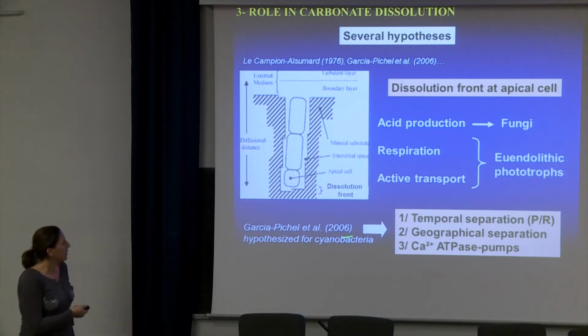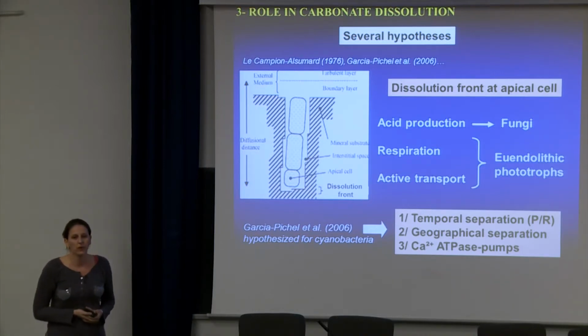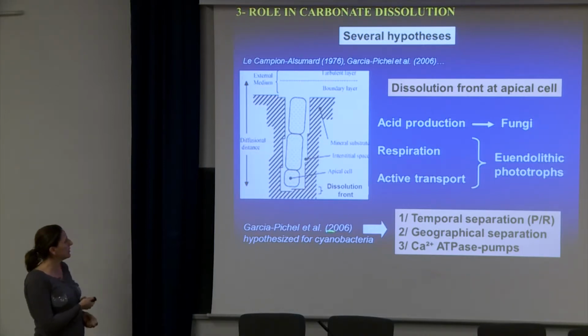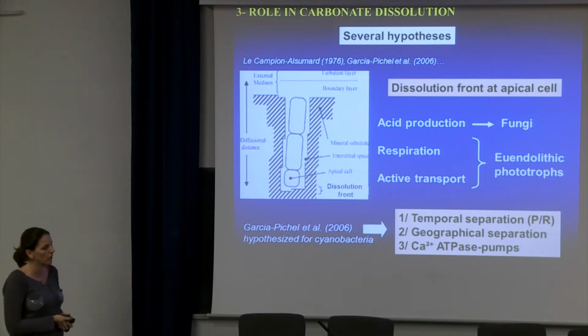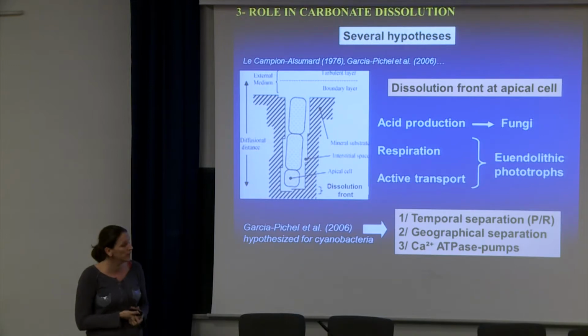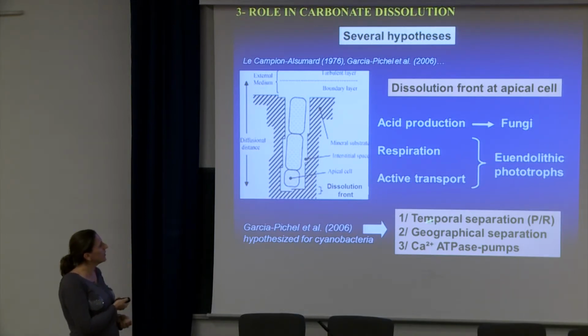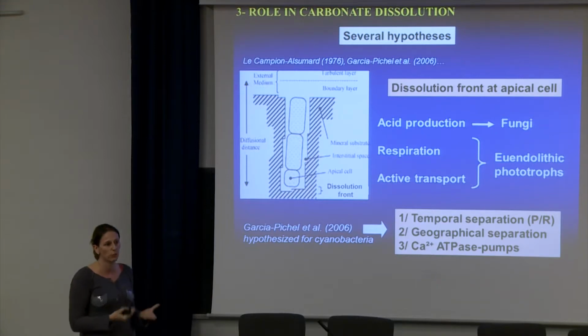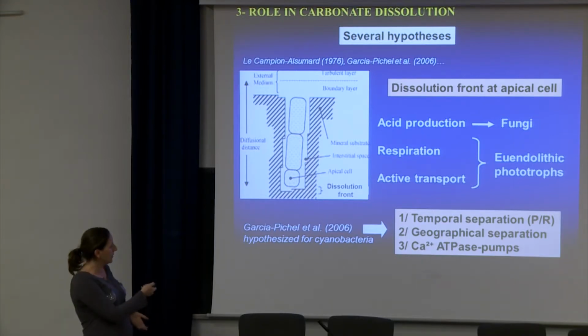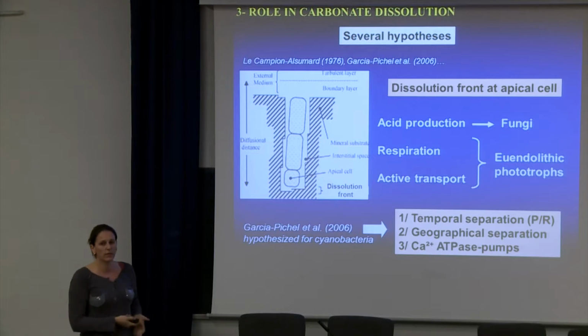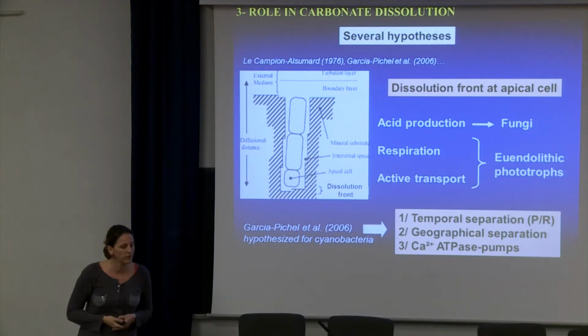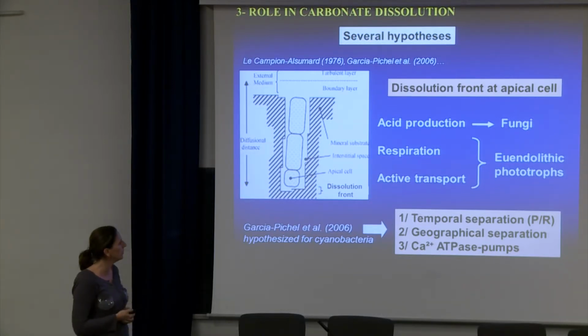Well, Garcia-Pichel made a nice review in 2006 and hypothesized different processes for euendolithic cyanobacteria. First, he suggested that there might be a temporal separation between photosynthesis and respiration, so that during respiration at night there might be dissolution going on because of the CO2 production.